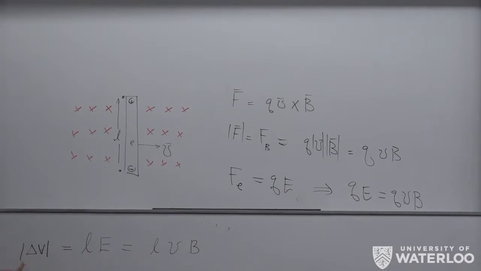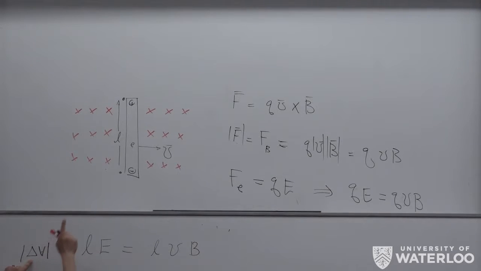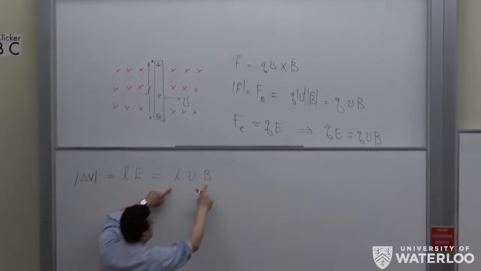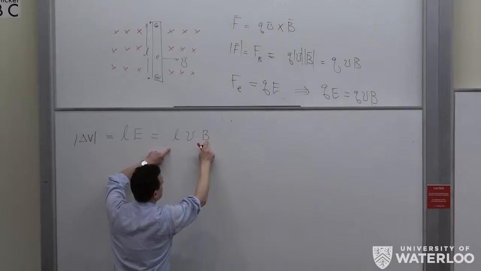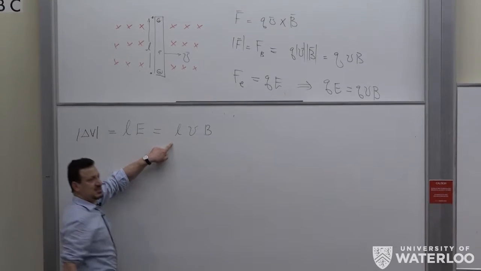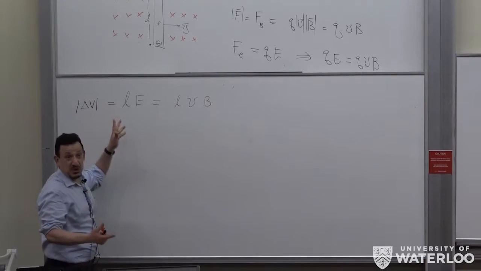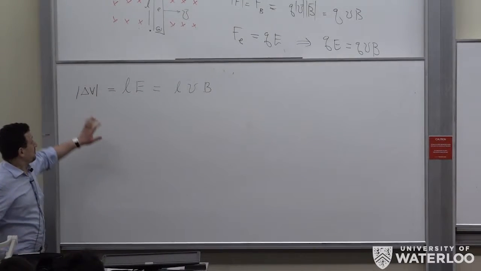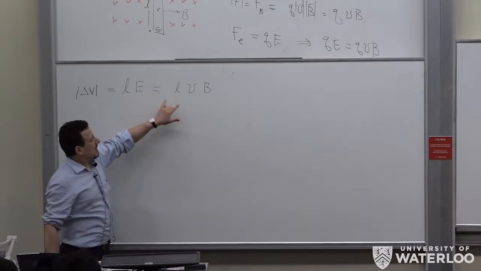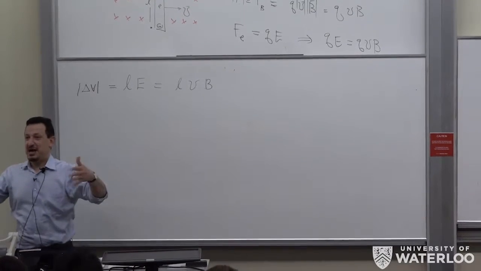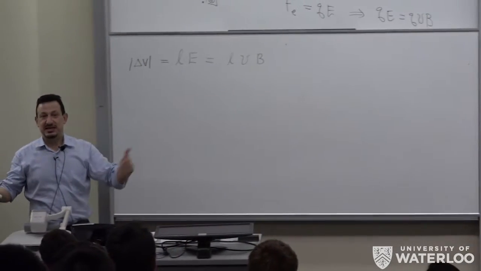The key here is that there's a voltage difference between the top and the bottom that is related to the magnetic field. If the velocity is 0, what will the voltage be? 0. We expect that. What I meant is, if there's nothing happening, nothing is moving, I don't expect any interesting phenomena.